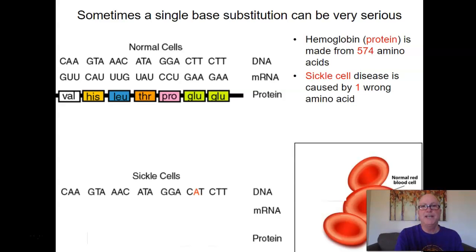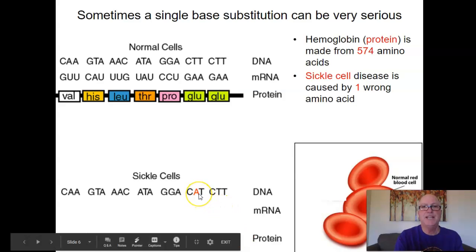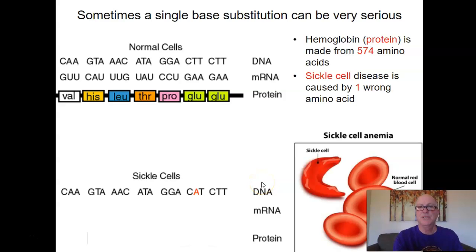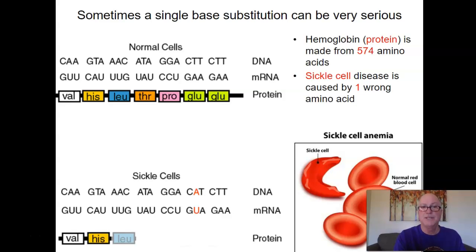So if we had this highlighted adenine put in instead of a thymine, that seems like such a minor mutation. This thymine is substituted with an adenine. But with that change, notice that what we get is a change from GAA to GUA for one of the codons. The only amino acid affected is that codon's amino acid, which turns a glutamic acid into a valine.